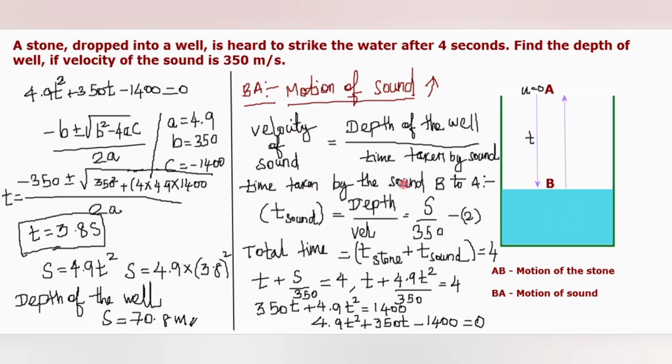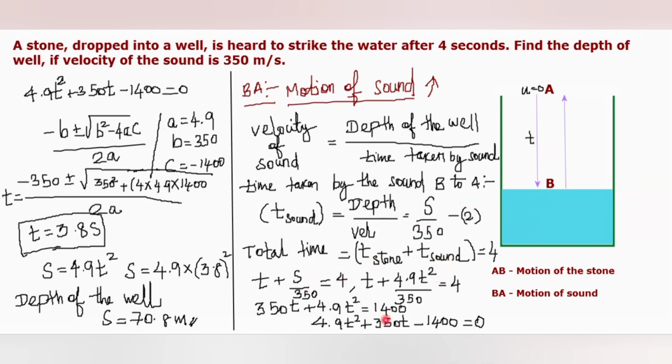So the time taken by the sound from the striking point B to the dropping point A, we can write as depth by the velocity. The depth, the distance AB, S divided by 350, the velocity of the sound. The total time, this 4 seconds, equal to the time taken by the stone from the point A to B plus the time taken by the sound from the point B to A. So that equal to 4. Time taken by the stone we consider as small t, plus time taken by the sound, that is S divided by 350, equal to 4.